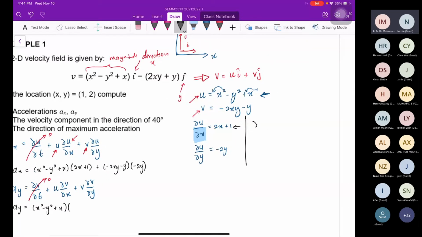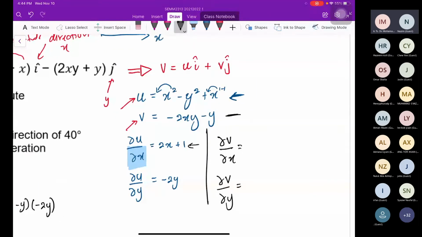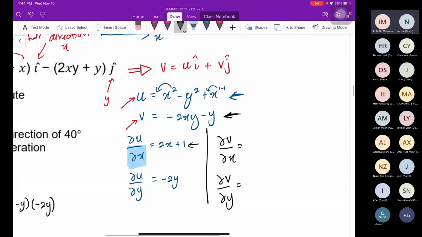So, partial derivative of v over partial derivative of x, partial derivative of v over partial derivative of y. Alright, so I must select this one because I want to differentiate v. Okay, for over x. So x now become variable. So negative 2y.